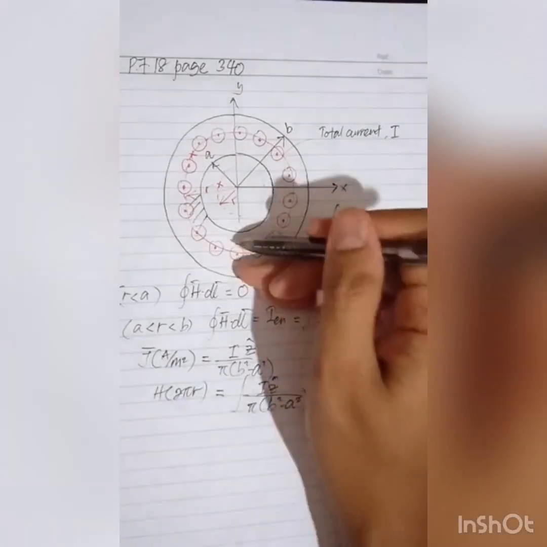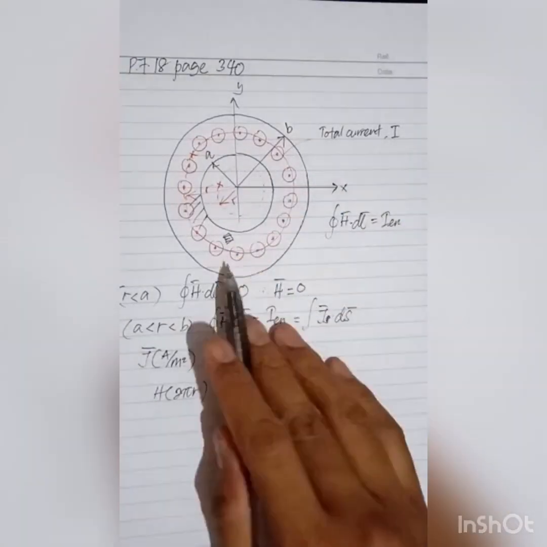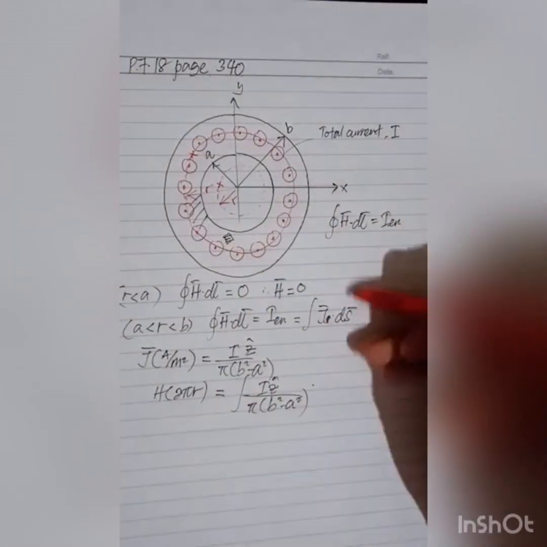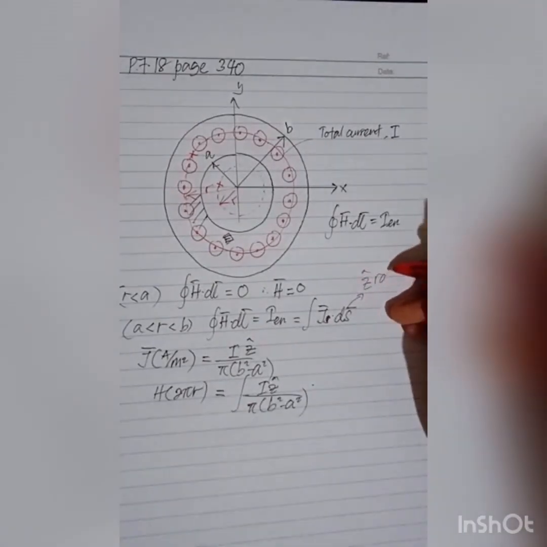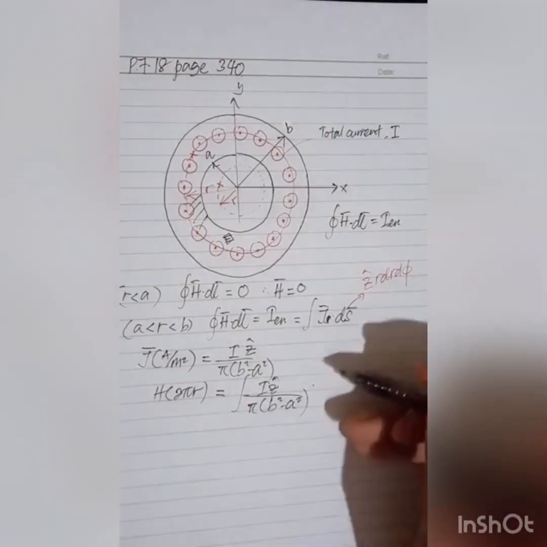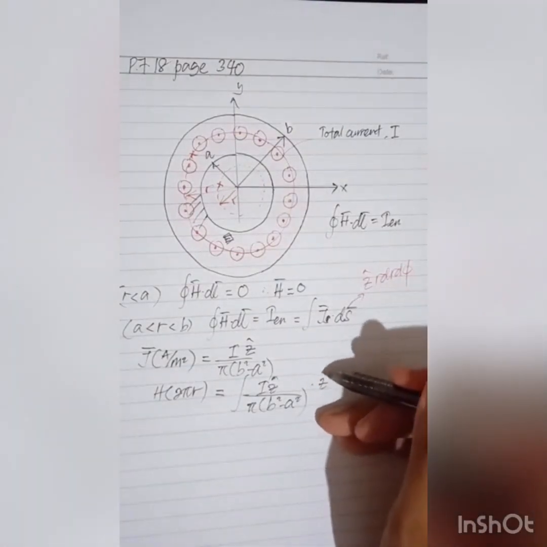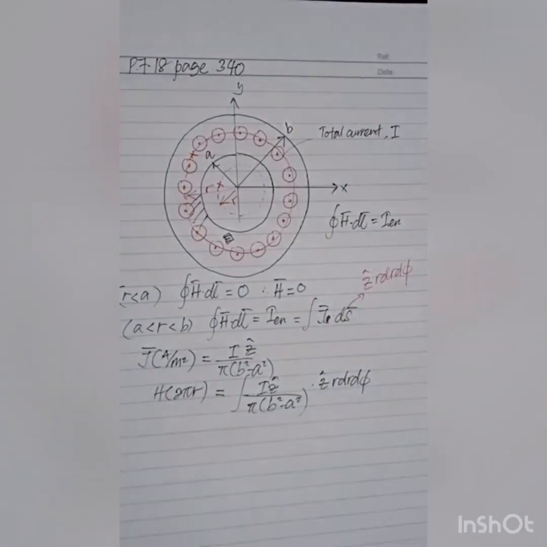Again, if you take a sample, that's my sample of area. The sample, guys, will have again the same positive z direction, r dr dphi. So just put here again z direction, r dr dphi, right?